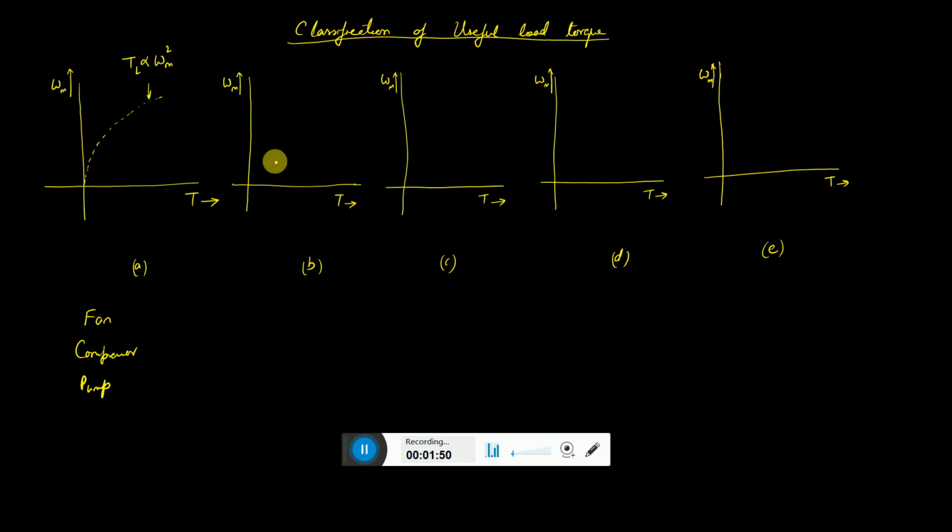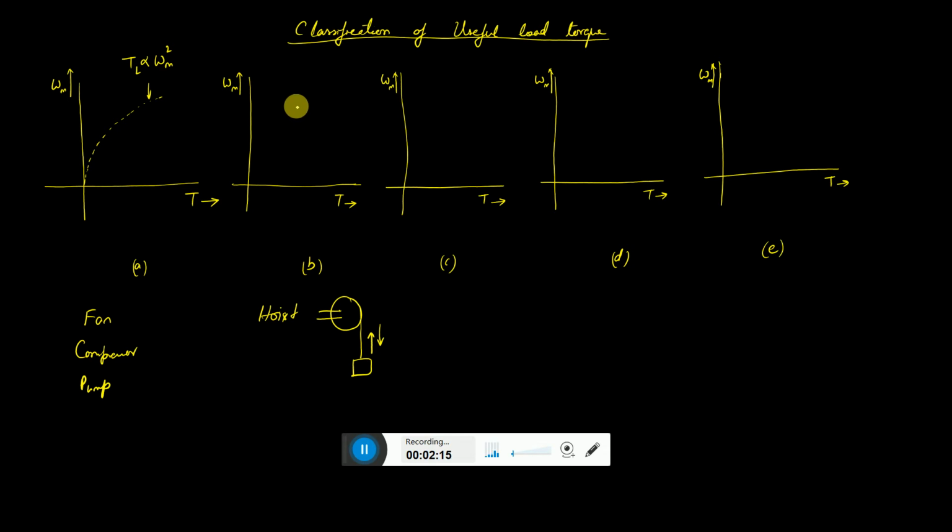So the second type of curve will be for the low speed hoist. Hoist is just you have a motor and a wheel so that you can lift a mass either up or you can put it down. Low speed hoist.